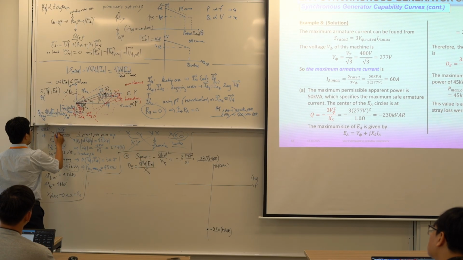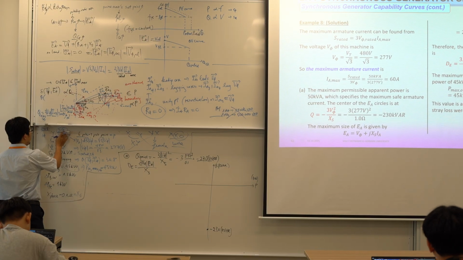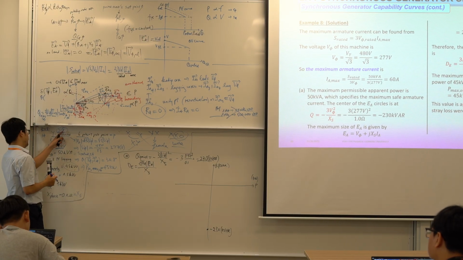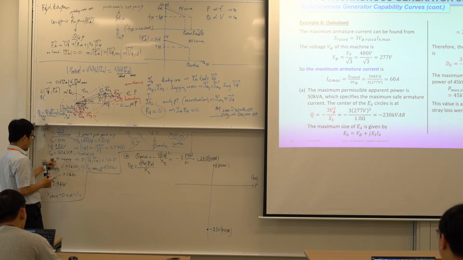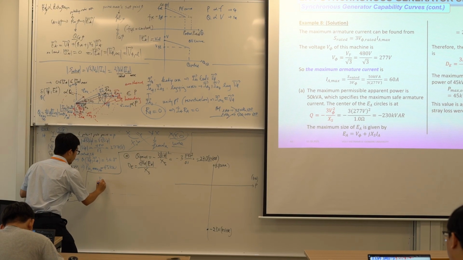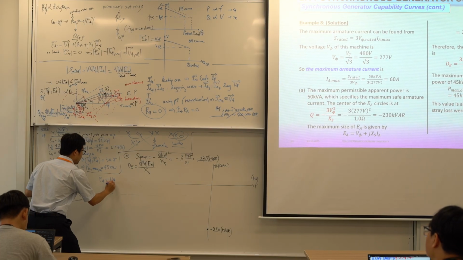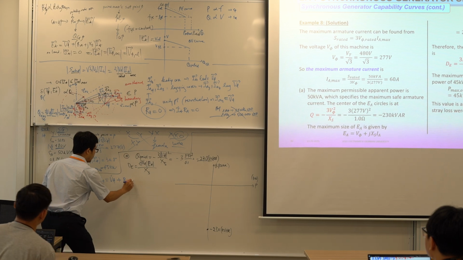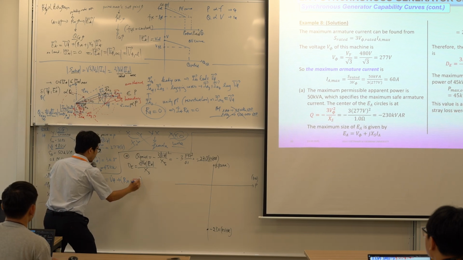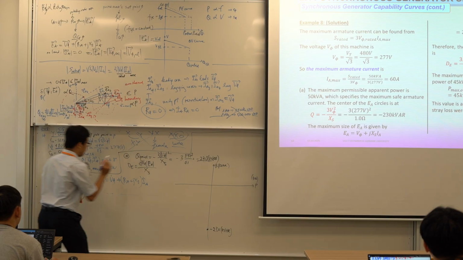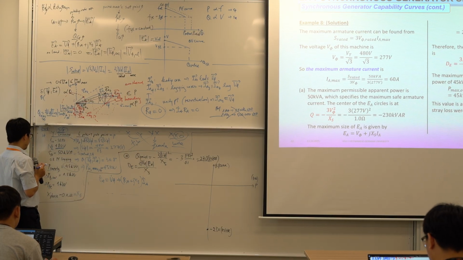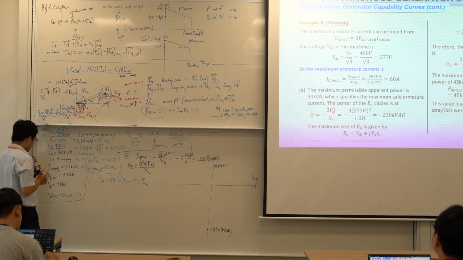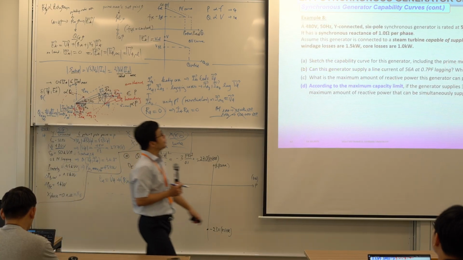So, very lucky, because they give us the information of the synchronous generator and the power factor lagging. So we have EA equals V phase plus RA plus jXS times IA. Do you have information of IA?